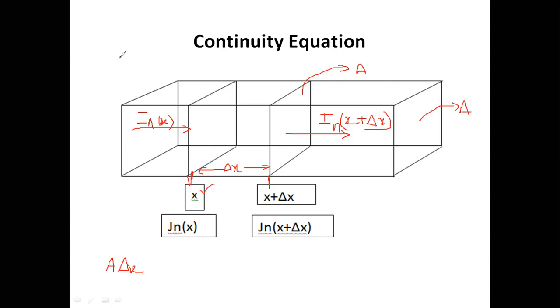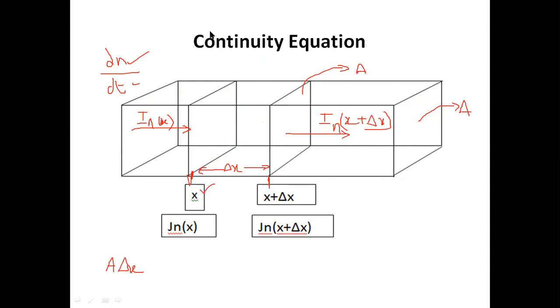So let us suppose dou n by dou t means the rate of change of electrons with respect to time. I don't want to write the equation for the total semiconductor material. I just want to write the equation for the number of electrons increasing in this pillbox only, not for the entire semiconductor.